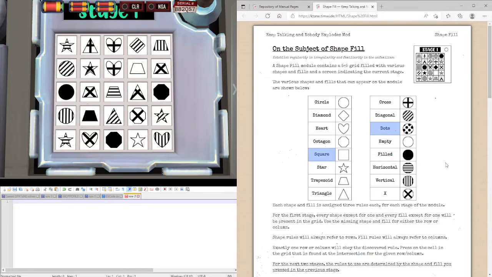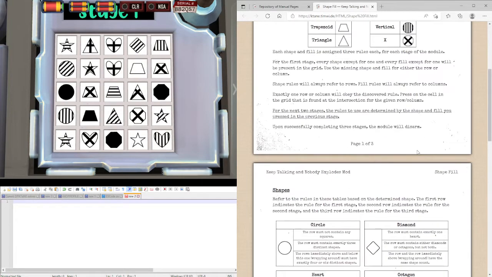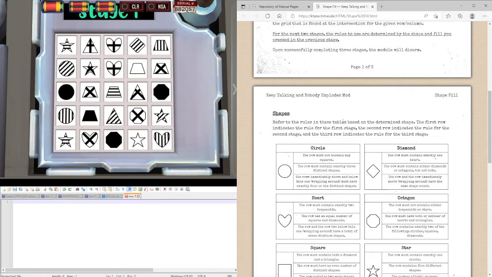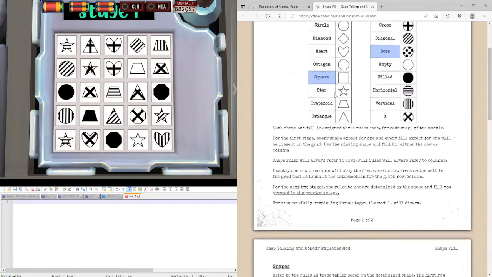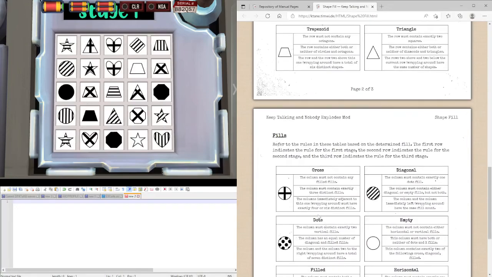So square dots is our first set. We'll be using the first row for the first stage, the second row for the second stage, and the third row for the third stage in each of these individual tables. So, first row of square and dots.